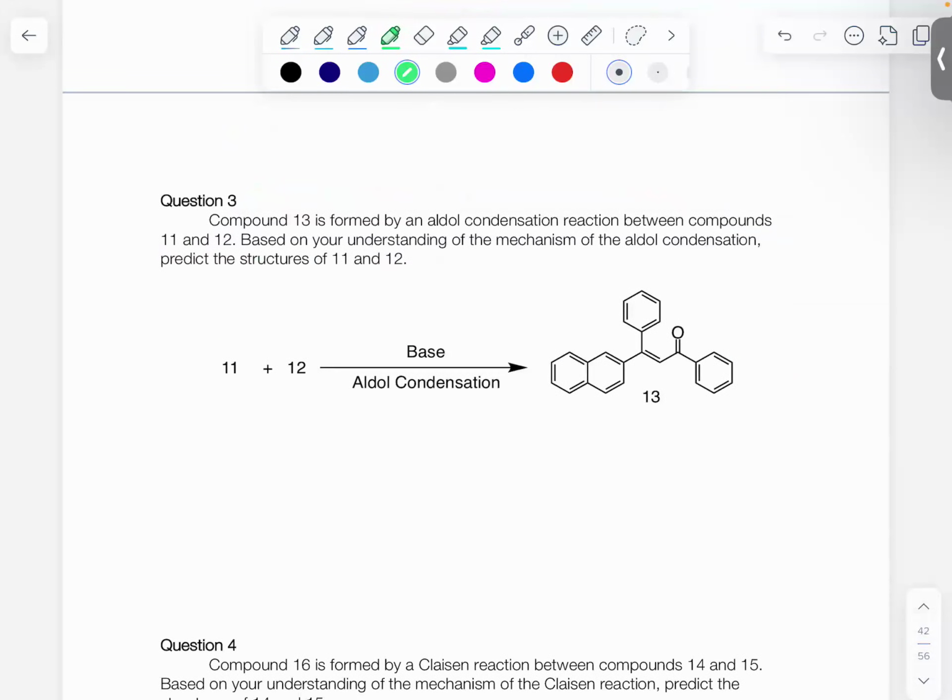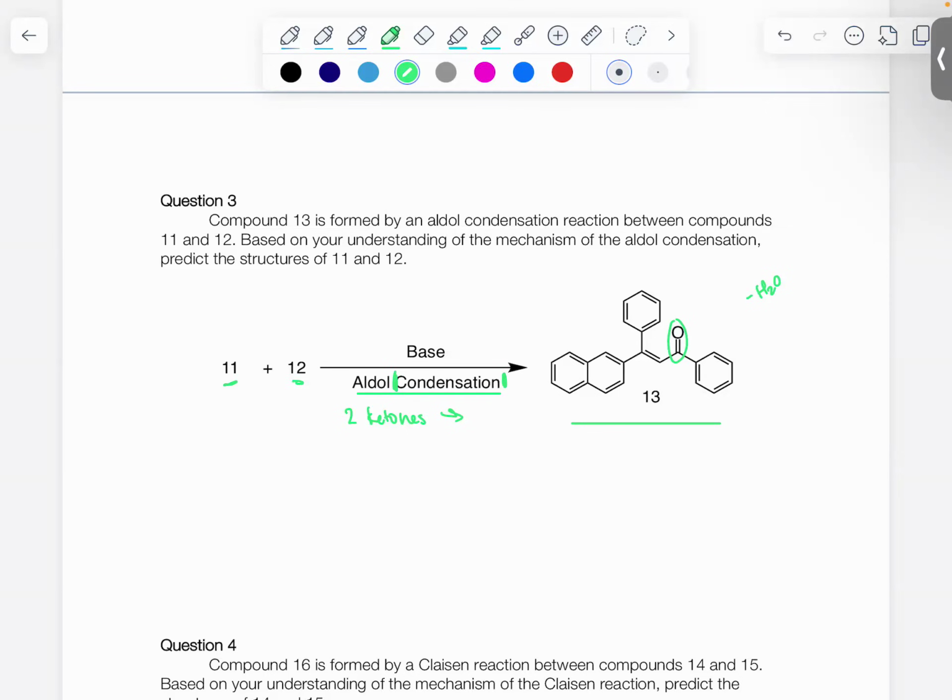So moving to the next reaction, we have a known product and we know what kind of reaction. So now we have to determine what those starting materials were. So we know with an aldol condensation that it's starting with two ketones and ending with this ketone and the loss of water. We know that loss of water happens because it's a condensation.